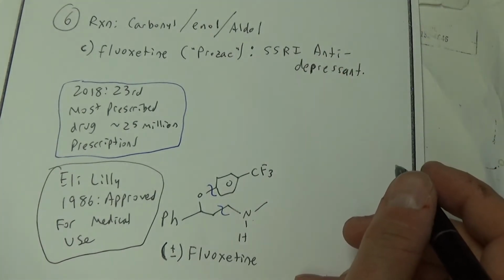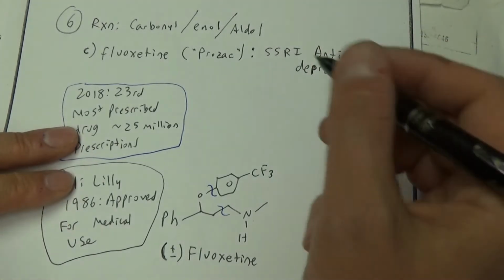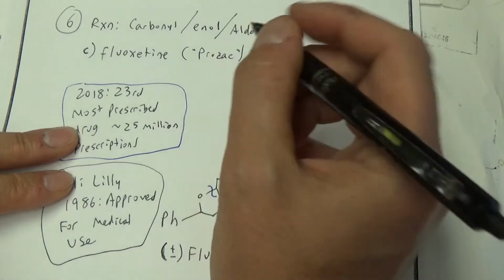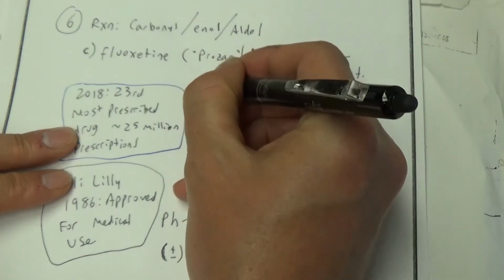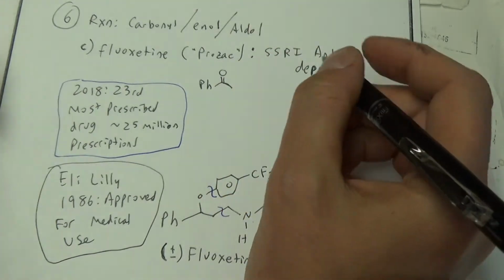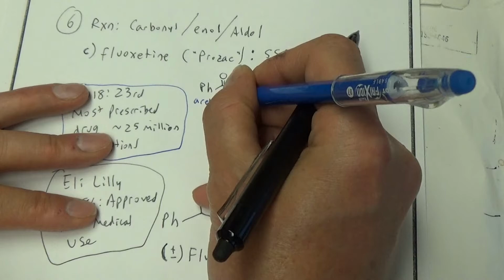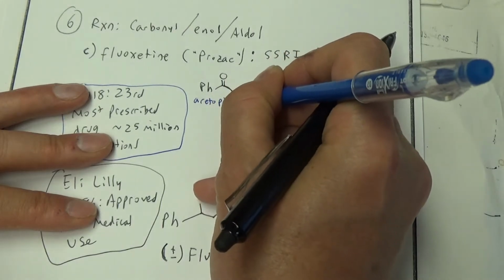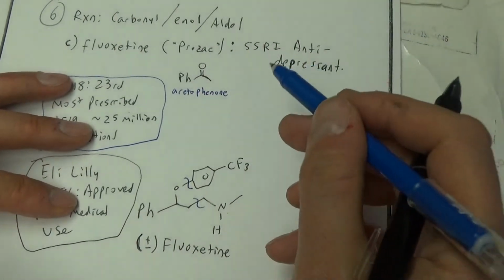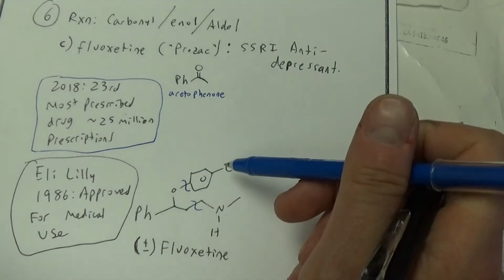Okay, so the chemistry of this starts with a very simple molecule. Acetophenone. And that's going to be the left part of the molecule.